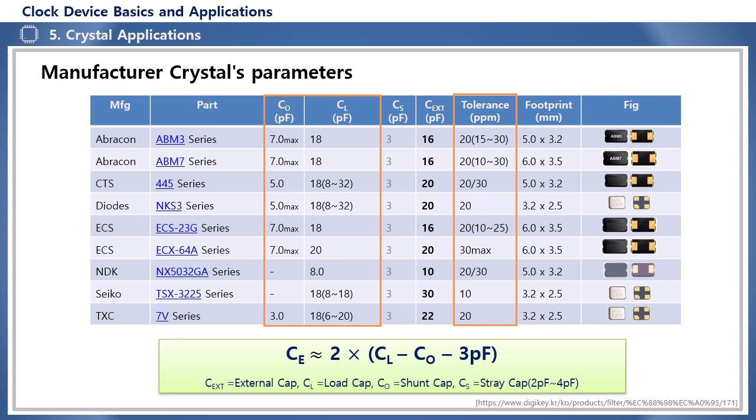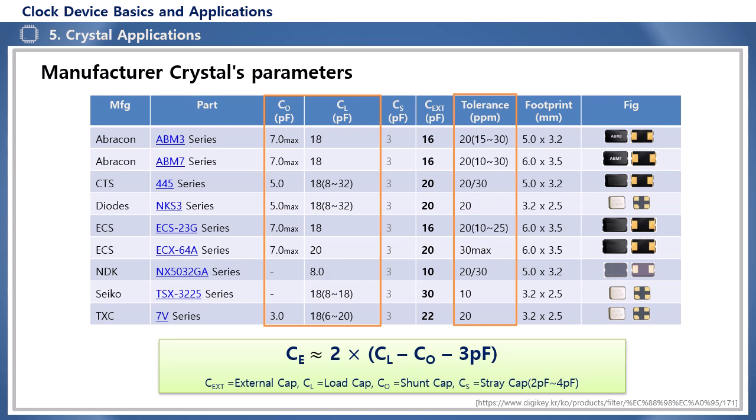In other words, the value of the external capacitance CE to be connected to each crystal terminal is twice the load capacitance minus the shunt capacitance minus 3 picofarads. In the case of the Abracon ABM3 series, the capacitance of CE is 18 minus 7 minus 3, which is 8 picofarads, so doubling it will be 16 picofarads.